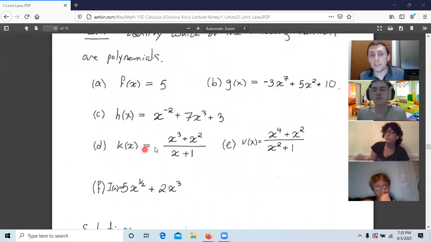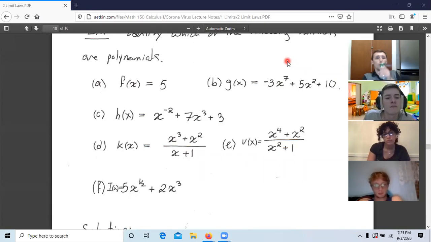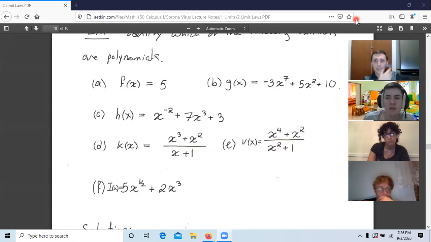Let's go to D. Tell me if this is a polynomial. Think about it. Is D a polynomial or not a polynomial? So 2 people say yes, polynomial. You understand what you're saying, guys?